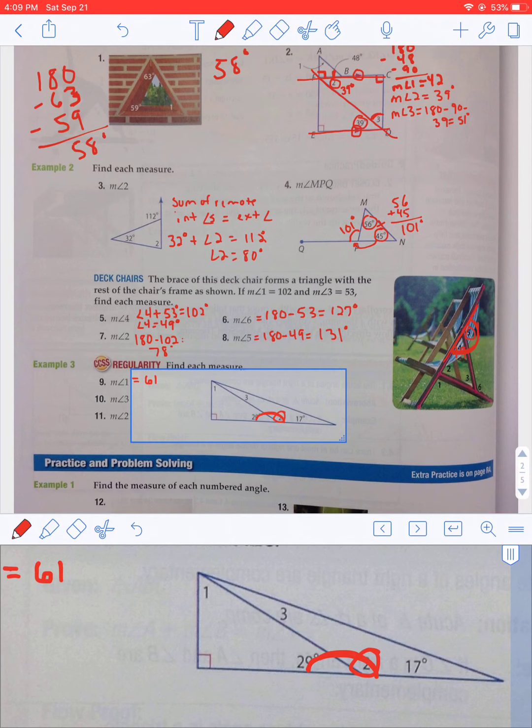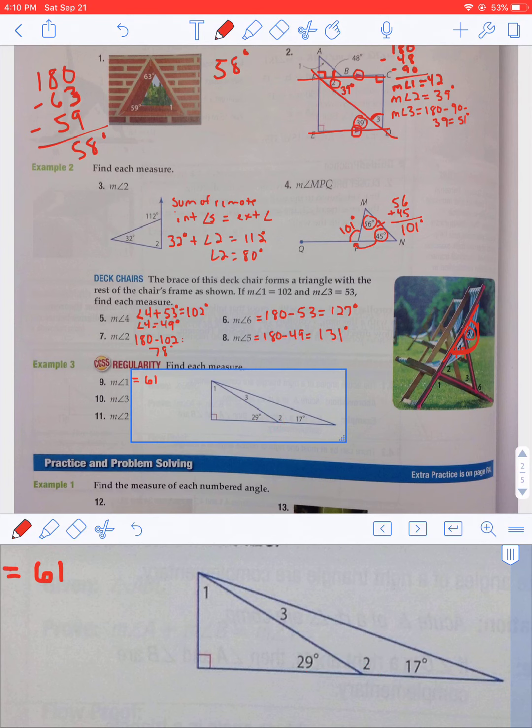But because we're also going to have to find angle 2, you could find angle 2 before 3 and do it that way, but I prefer that you find angle 3 first before jumping to find angle 2. This is a linear pair, but like I said, we're not trying to find 2 right now. So don't jump the gun, please, on that.